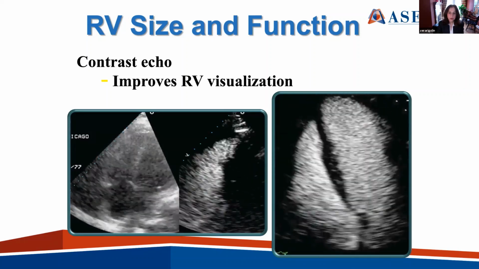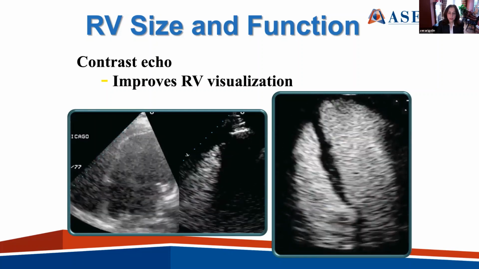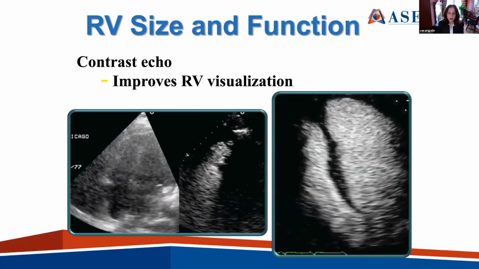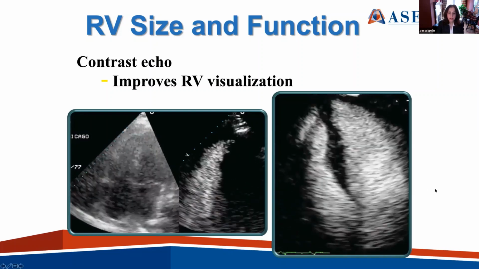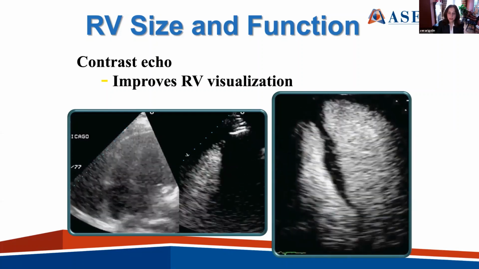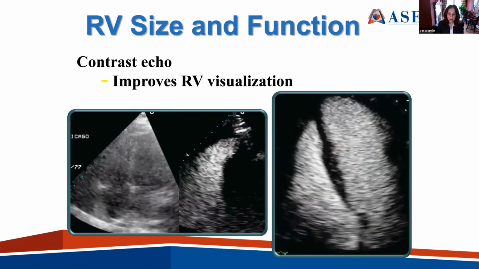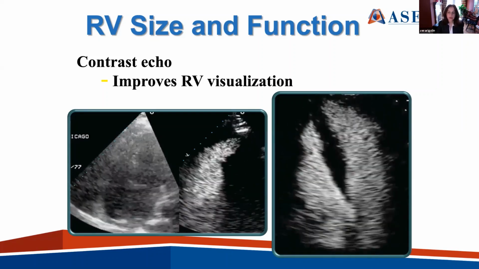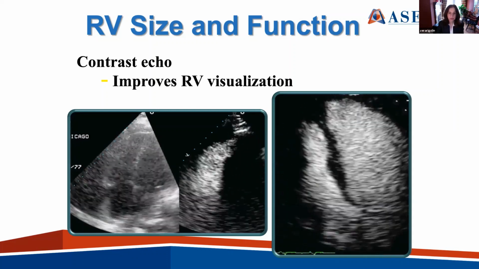Because the contrast persists for quite a while, you can shift your apical view into that RV focus view that brings the RV free wall into view, as shown in this example, and gives us a better appreciation of the right ventricular function. So take advantage whenever you're giving contrast to evaluate your left ventricle. Get that extra RV focus view so that you can improve your RV assessment.